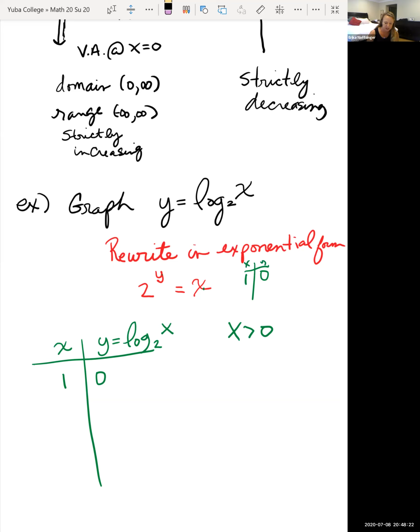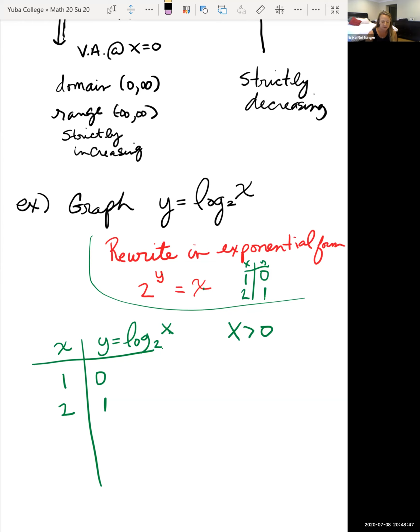Okay, what about 2? If x is 2, this is saying 2 to what power would give me back 2? Well, 2 to the first power is 2. Here, if I did it this way, I would have chosen my value for y. So if I plugged in 1 for y, 2 to the first is 2.